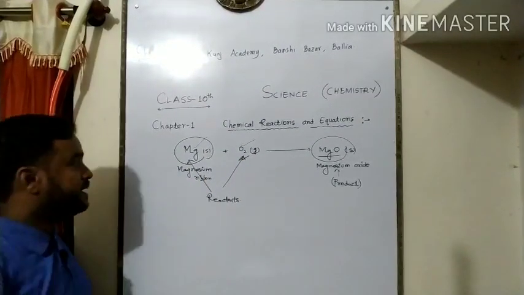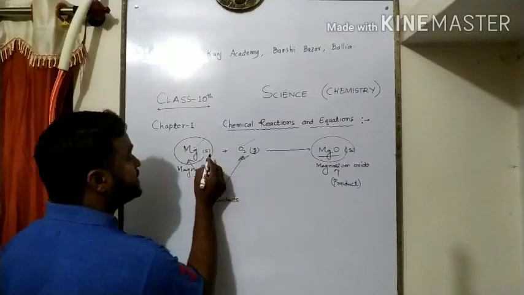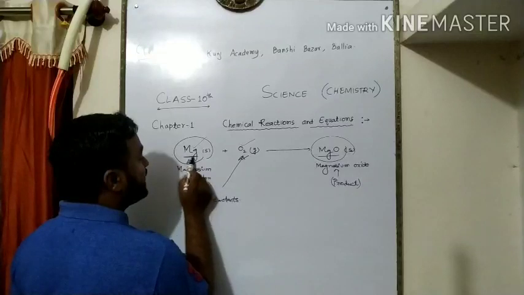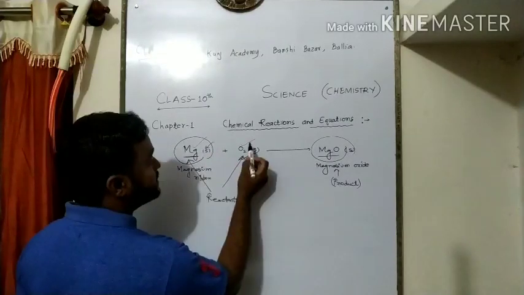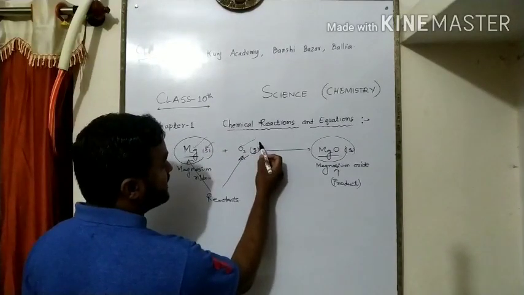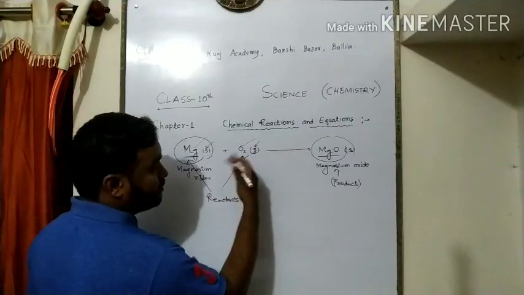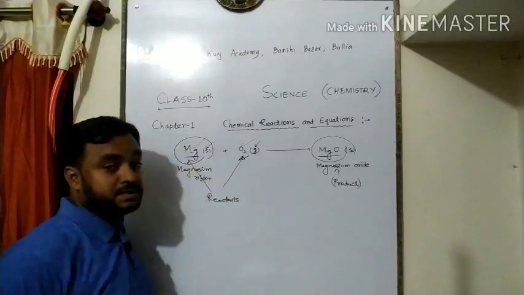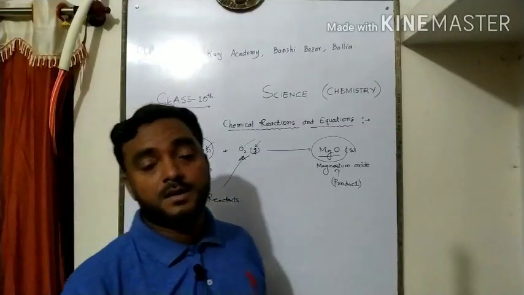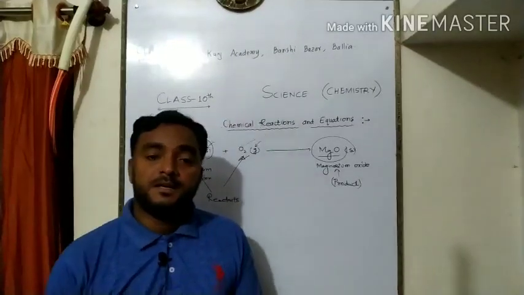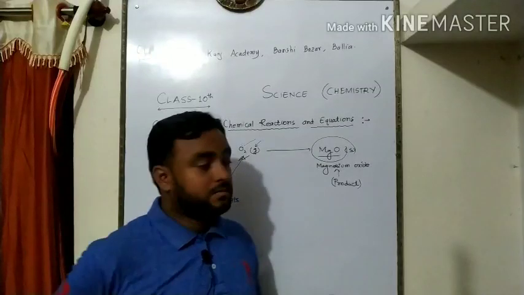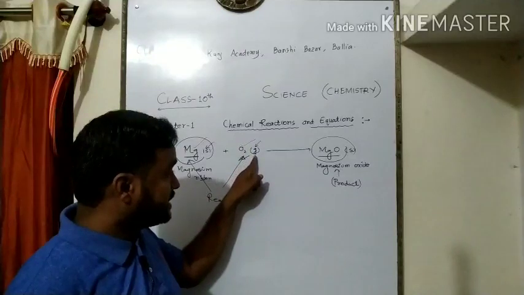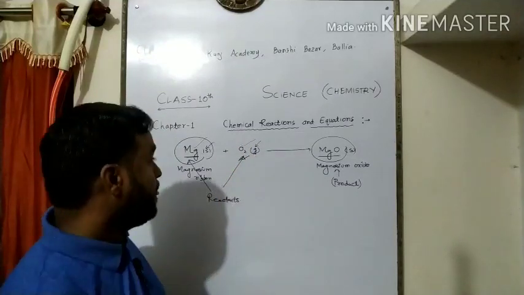One thing I have also mentioned over here: just in front of the symbol of magnesium I have written S, and in front of the symbol of oxygen I have written G. What do these indicate? S and G represent the state of that substance. That particular substance is present in which state? It is present in the solid state or in the gaseous state.